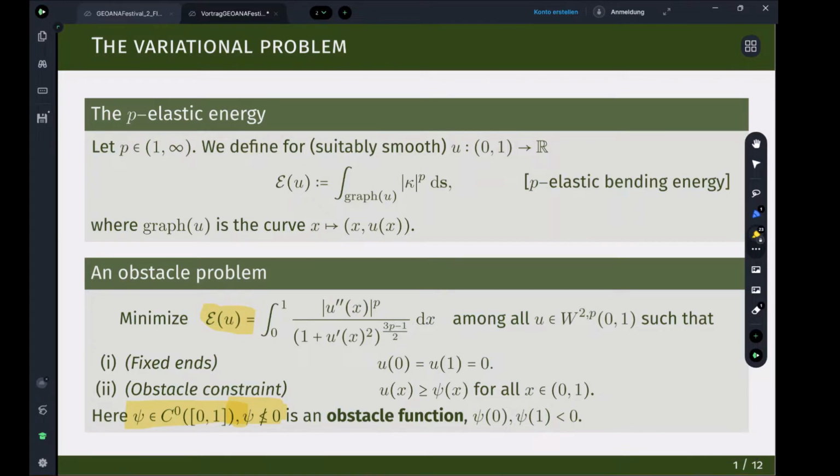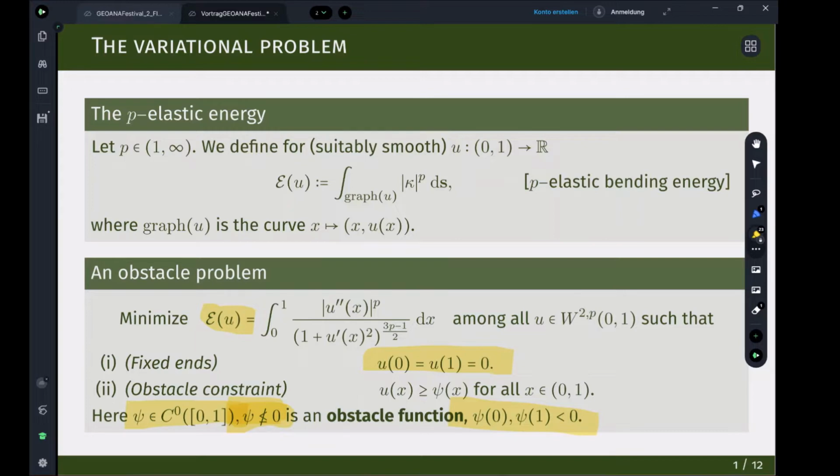This we do not want to allow. This is why we require that psi is not smaller or equal to 0. But at the boundary, I impose that the obstacle is in a way not present, that it's negative, and therefore we have no further conditions on u at the boundary except for the fixed ends condition. Other than that, u may vary freely in a certain neighborhood of the boundary.